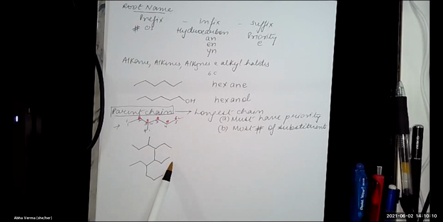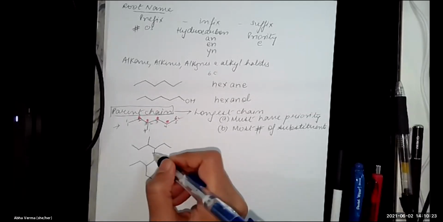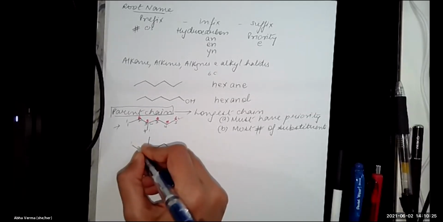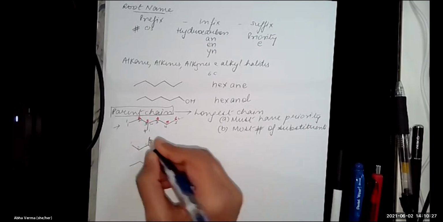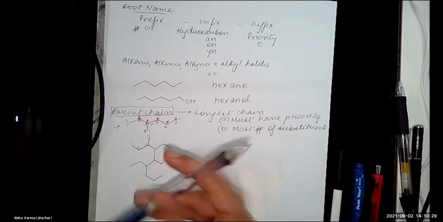Now let's look at this particular molecule. Where will I have my longest chain here? 9. Okay, very good, 9. But let's figure out how. Will I end 1, 2, 3, 4? That'll be too much.